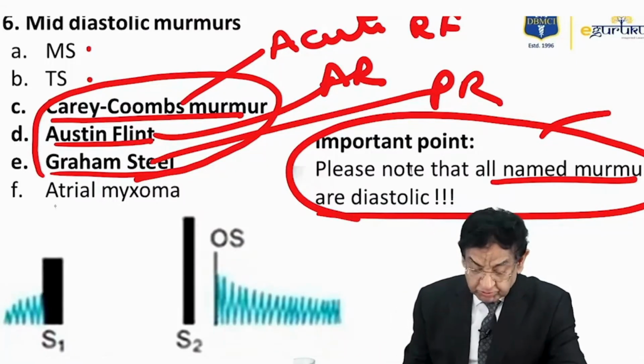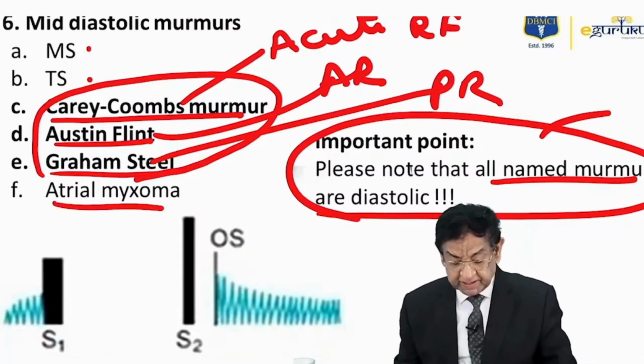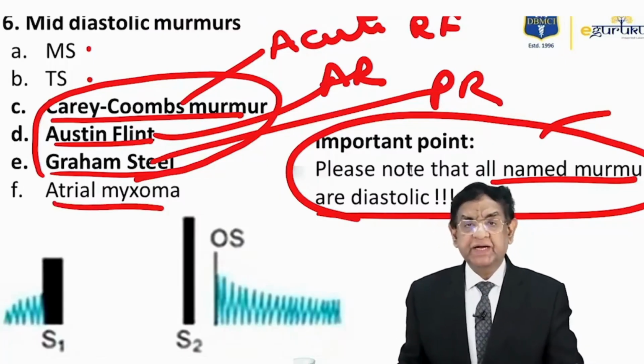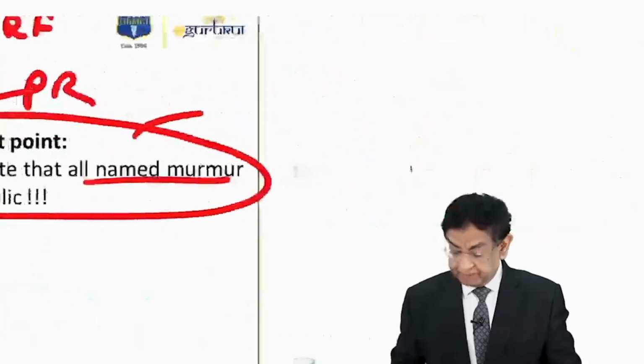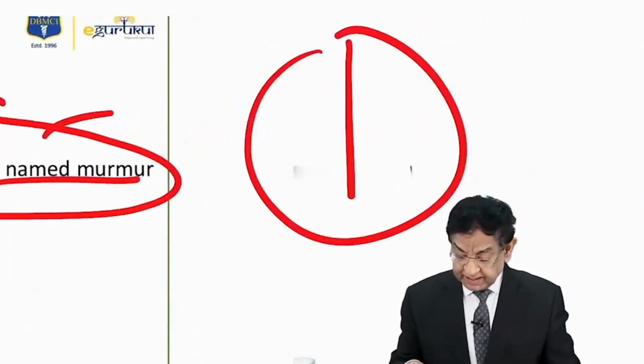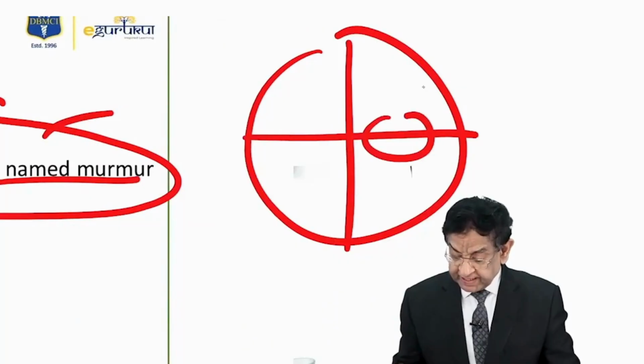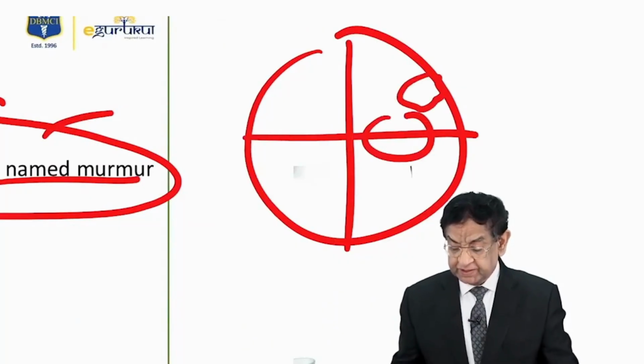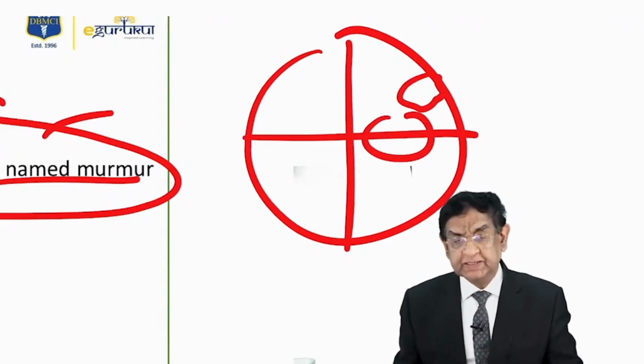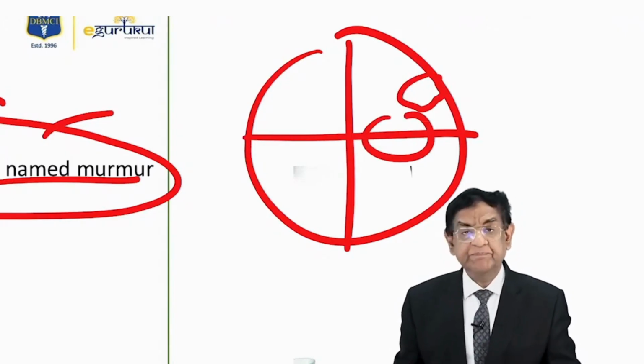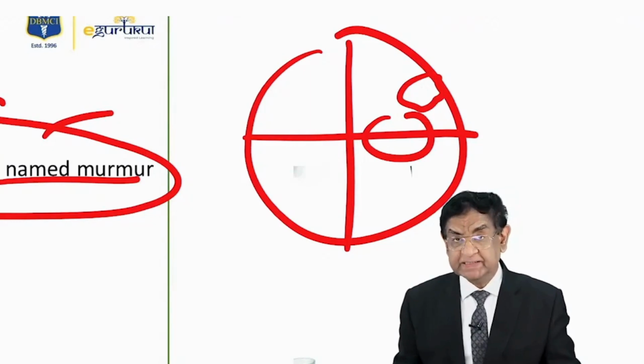And we may also get a murmur in atrial myxoma. Atrial myxoma is an LA tumor, and this is the LA, this is the mitral valve, and this LA tumor is there. So it can come and obstruct the mitral valve. So it can produce a functional type of mitral stenotic murmur, but it is a low pitch murmur.